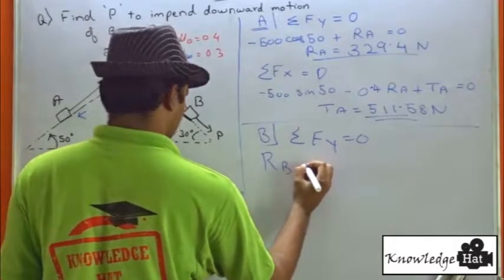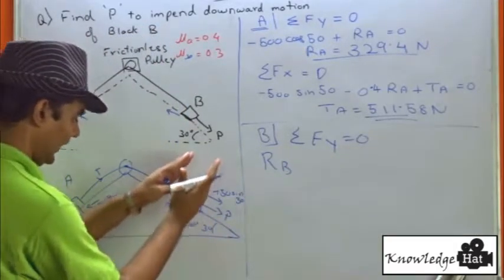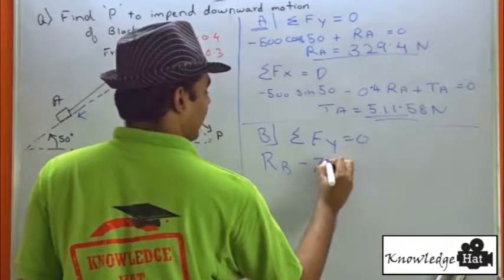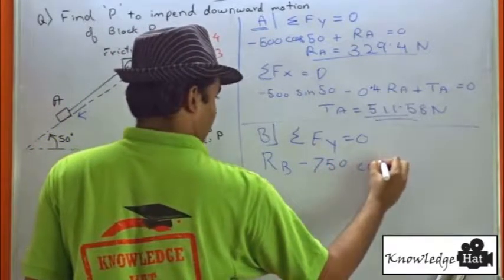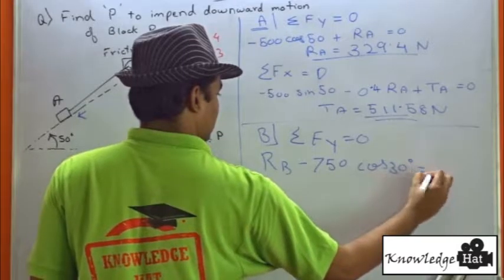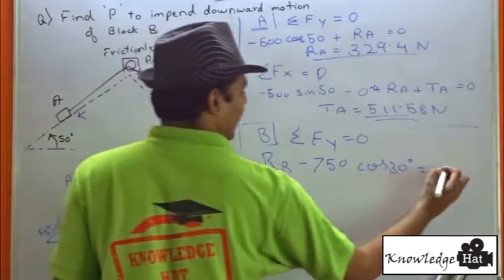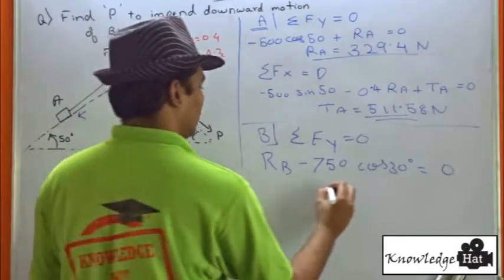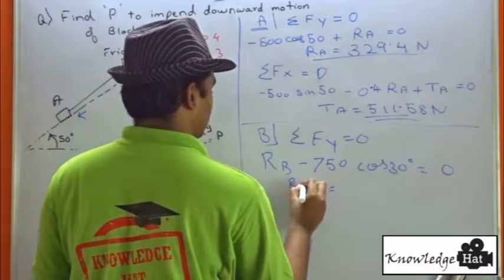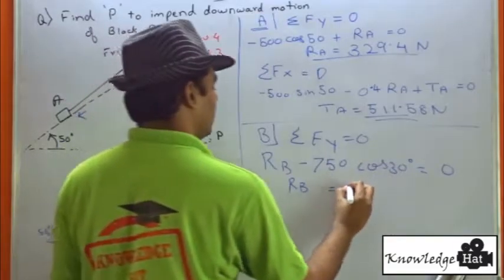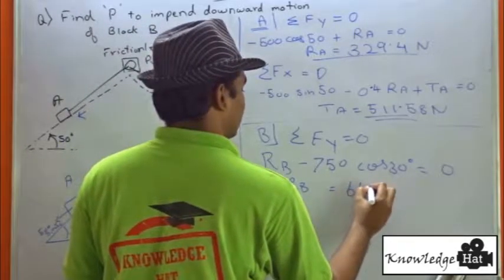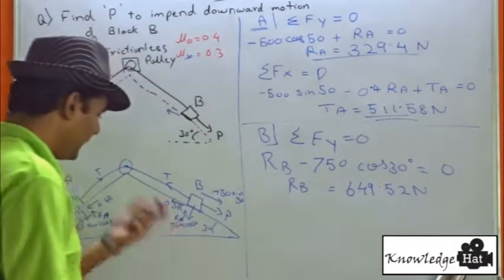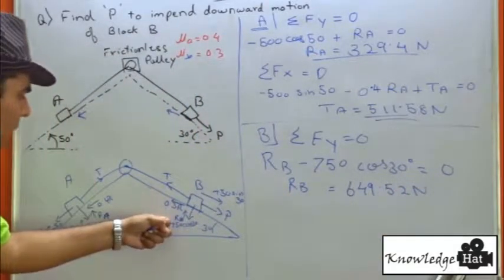The vertical component of the weight is acting downward, so this is minus 750 cos of 30 degrees. And we again equate this to 0. So what we get is RB equal to 649.52. So now we have the reactional force with us at B.